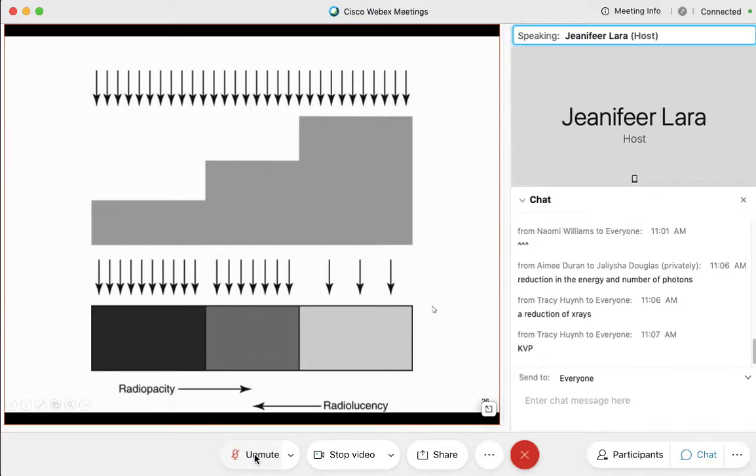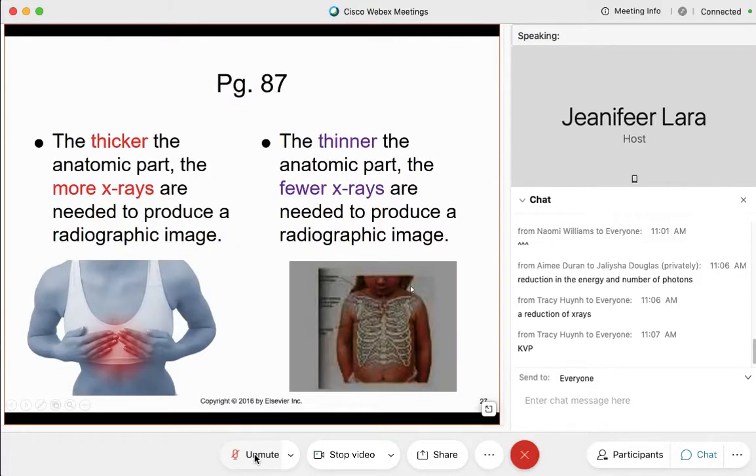Does anyone have any questions about tissue thickness, which is number 1 of the factors affecting beam attenuation? All right, so in a nutshell, what does this mean? The thicker the anatomic part, more X-rays are needed to produce a radiographic image.